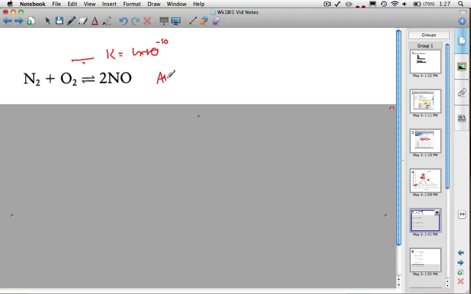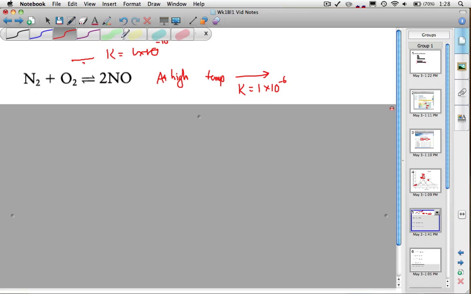At high temperatures, what happens is that the reaction shifts way more to the right. K becomes something more like 1 times 10 to the negative 6th. It's still going to favor primarily the reactants, but because K gets bigger, we start to make some products as well, so that these things actually start to become noticeable amounts.